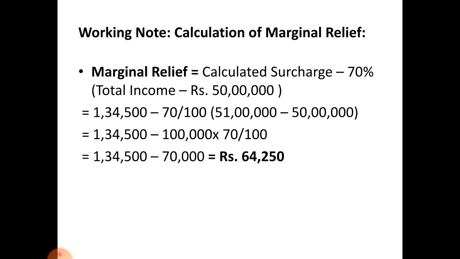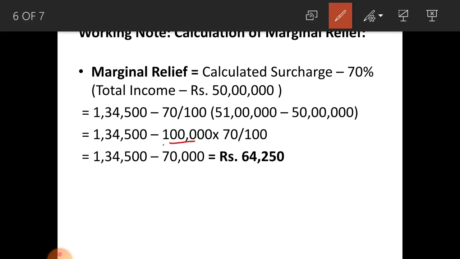From that you have to deduct 70% of difference between total income and 50 lakhs. That difference is 51 lakhs minus 50 lakhs, that is 1 lakh. 70% of that 1 lakh amounts to rupees 70,000. You have to deduct this 70,000 from his surcharge amount, that is 1,34,250. When you deduct this amount from surcharge, you get 64,250 as marginal relief.